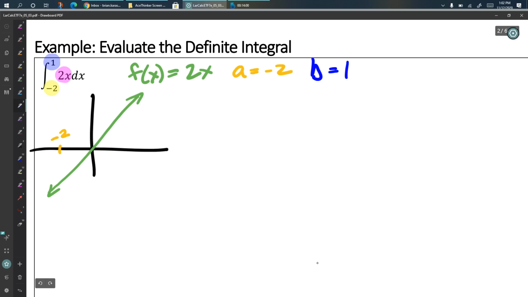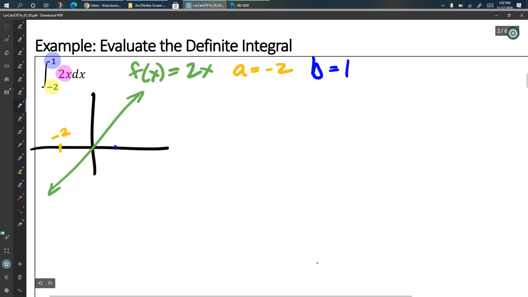My b value is positive 1. So when I think about what's going on here, I'm going to have a chunk that's below and a chunk that's above, and geometrically, it appears that the -1 is going to be larger than the positive 1. So my final answer should be negative, right? But I'm going to do the math to figure this out, right?